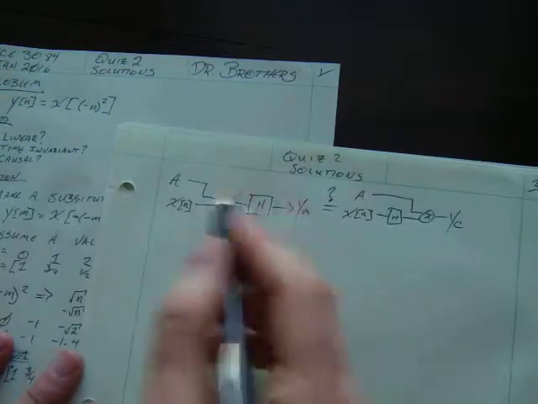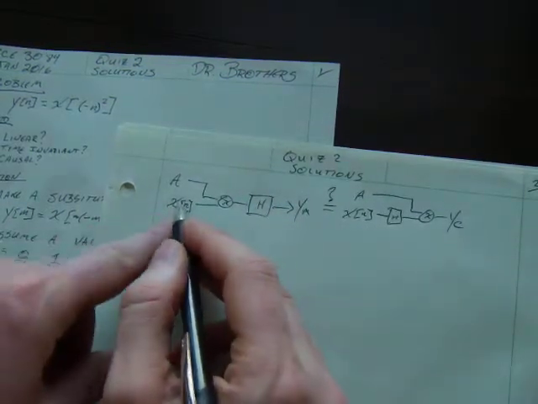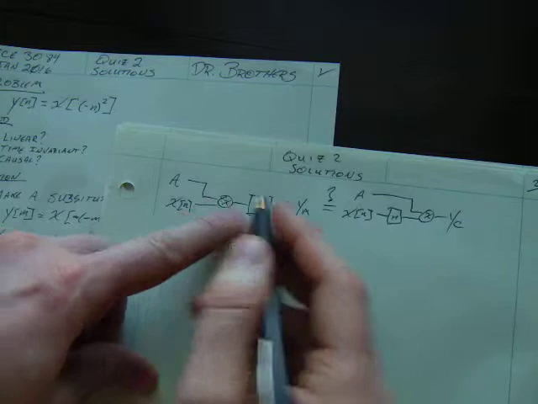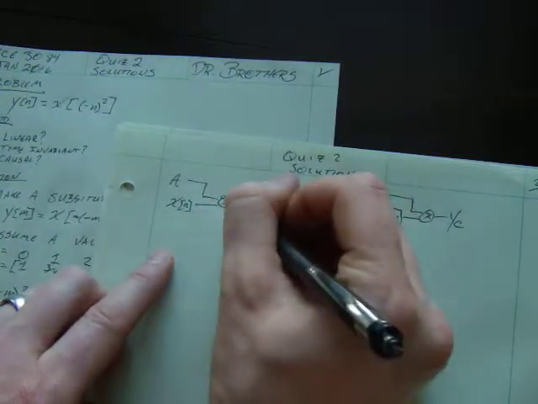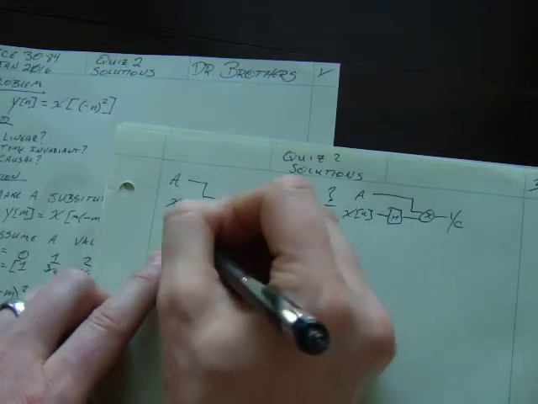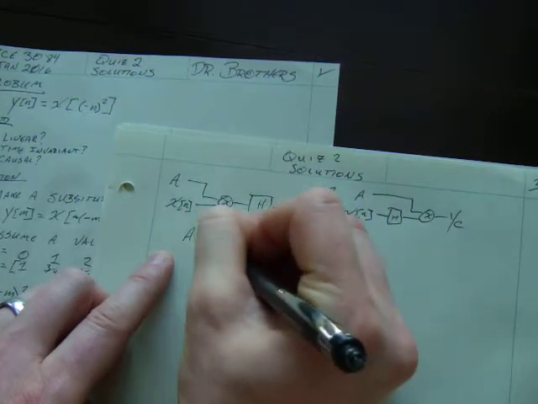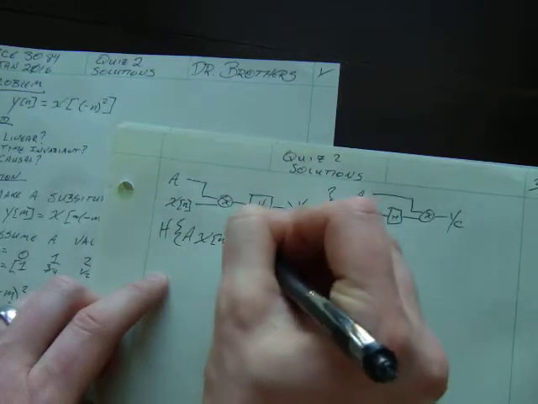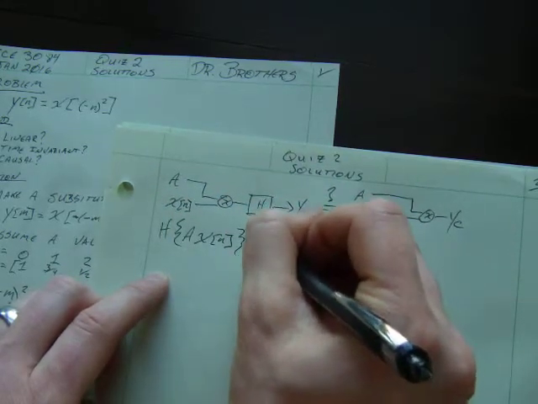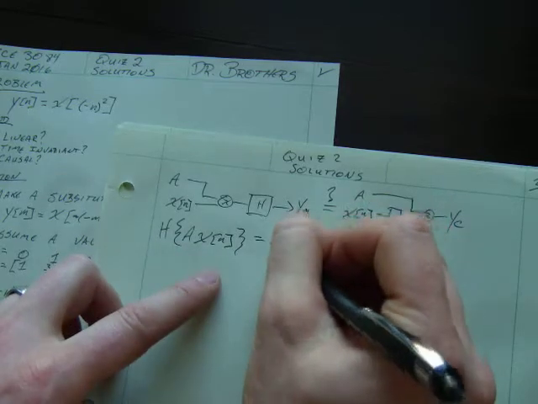Now, so we have x of n multiplied by a. So at this point in the line, this value is the input to the system, which is a times x of n, having the system of h act on it. And that is going to be equal to y of m.